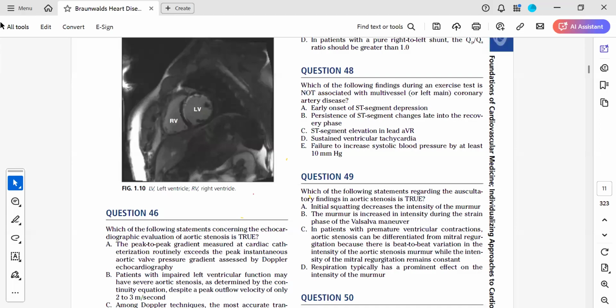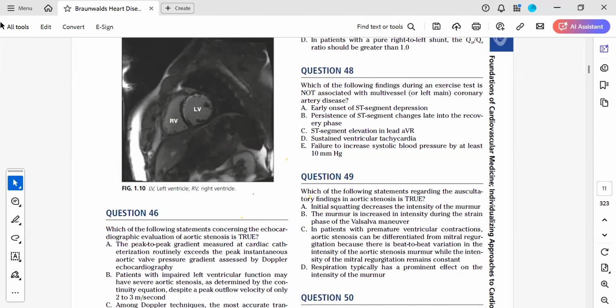So for this question, the ST segment elevation in lead aVR. What I found is that ST segment elevation in aVR might be seen in other conditions, not necessarily in left main coronary artery disease. So it's not a finding that is necessarily found in multivessel coronary disease.